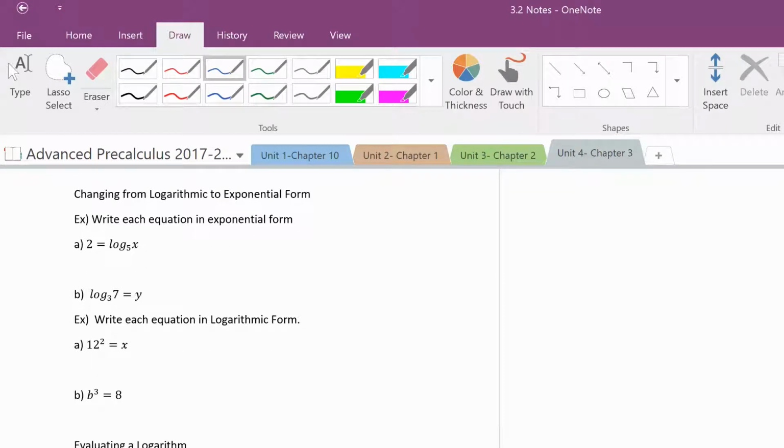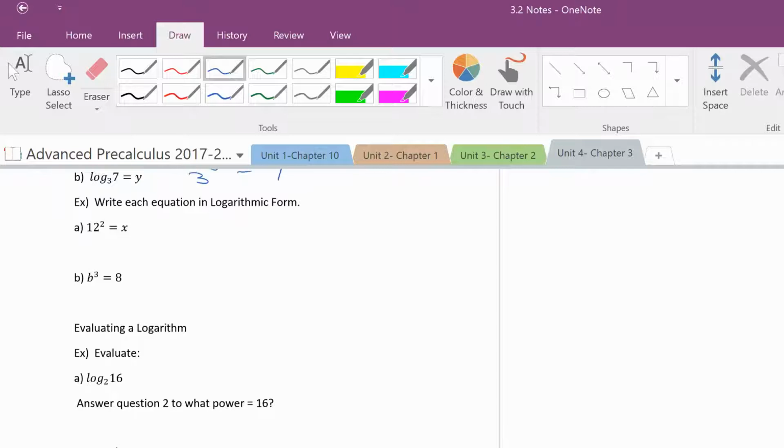So changing from logarithmic to exponential form. Here, notice the base is 5, the exponent is 2, and the answer is x. Here the base is 3, the exponent is y, the answer is 7. To go the other way, the base is 12, so you're going to say log base 12, the answer is x, of x equals the exponent 2.